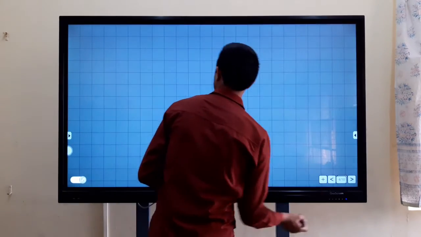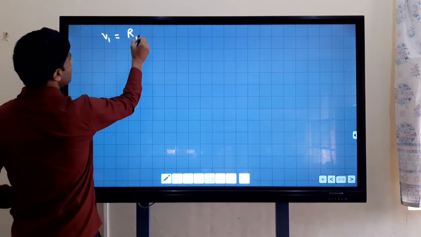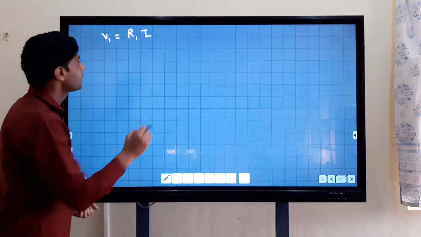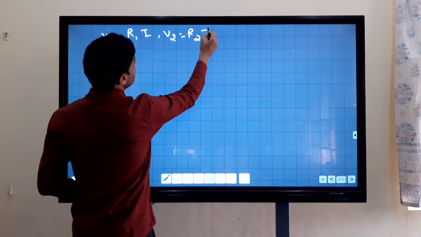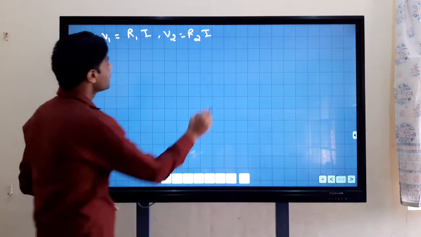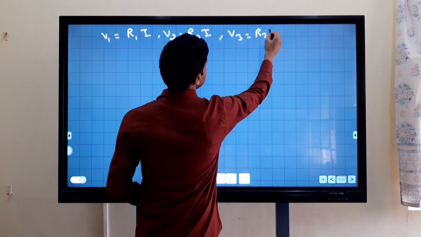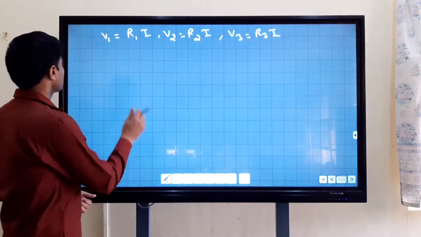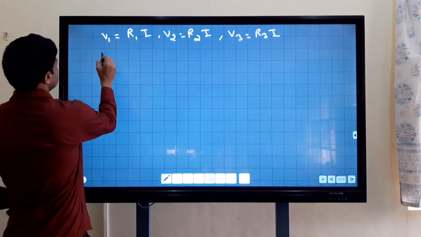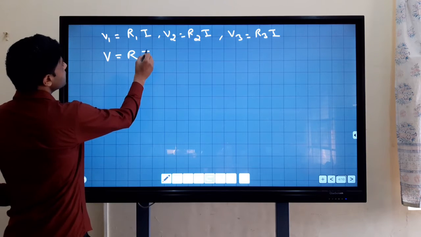It means the value of V1 equal to R1 I, value of V2 equal to R2 I, and value of V3 equal to R3 I.